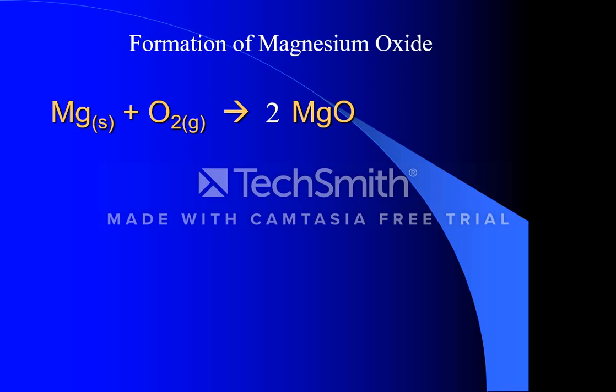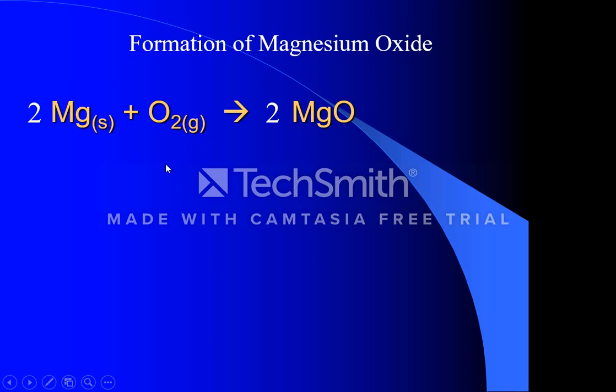But we have another problem, that here we have 2 magnesium and here we have only 1 magnesium. So that's why we should put here 2 also. Is it balanced right now? Of course it's balanced. We have 2 Mg in the R, 2 Mg in the P, or the product.